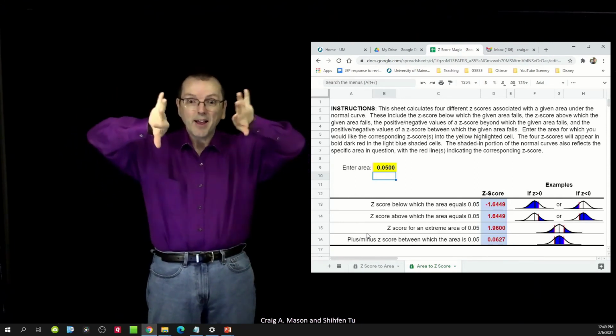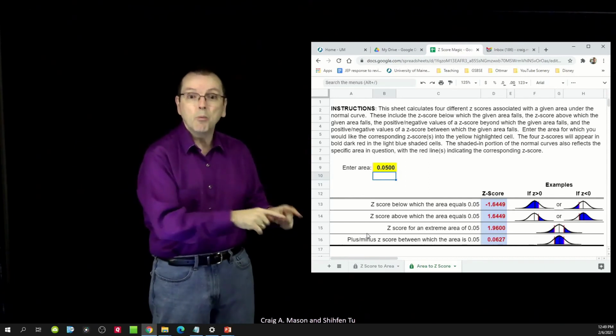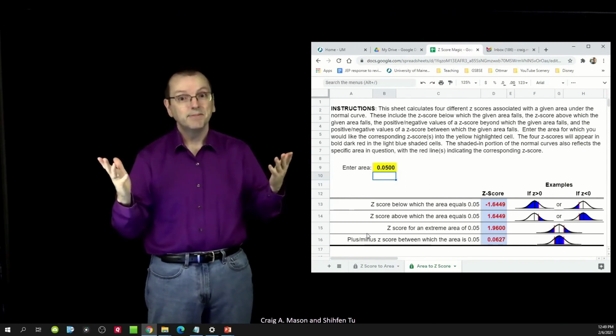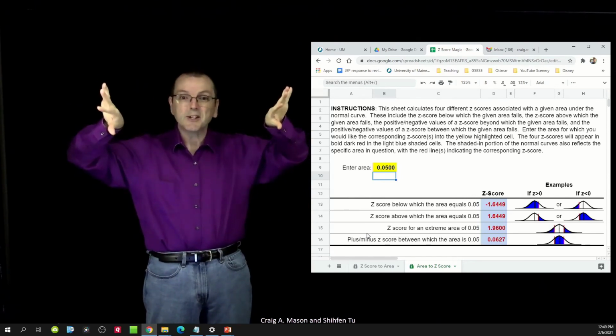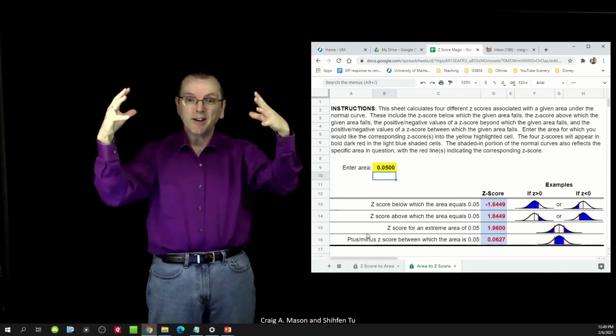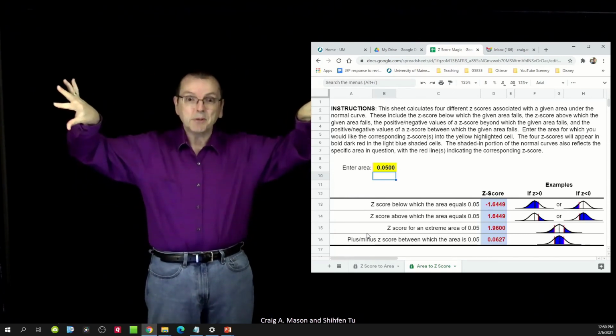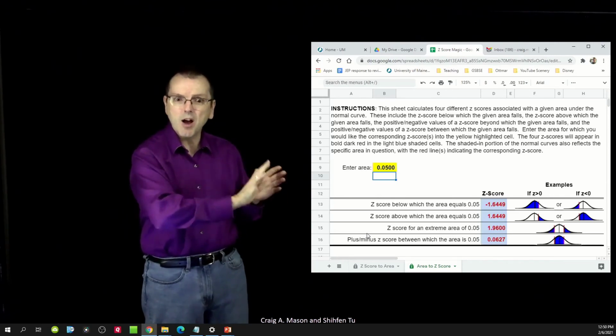The area beyond which the plus and minus values is 5% is 1.96. That's our z to remember. 1.96, 95% are bound by that. 5% are more extreme. So it's all working fine.